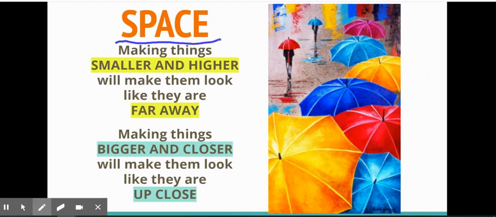Space: making things smaller and higher will make them look like they are far away. Let's pause right there. Whenever we say smaller and higher, it means the way you draw them is going to be smaller and higher in your picture.